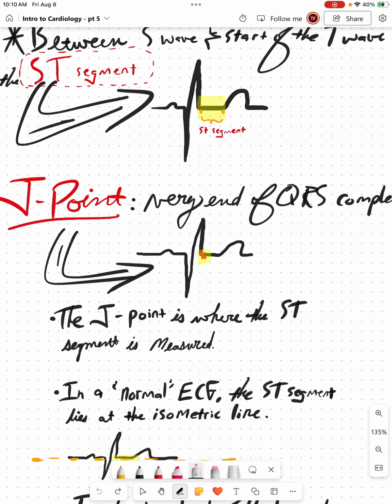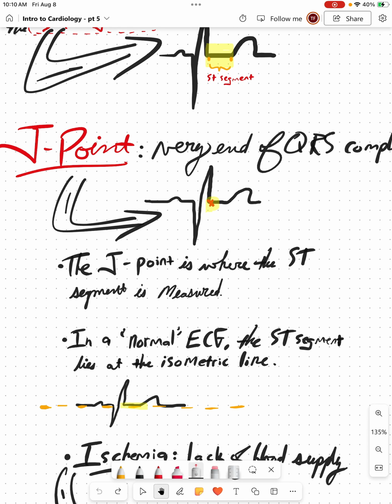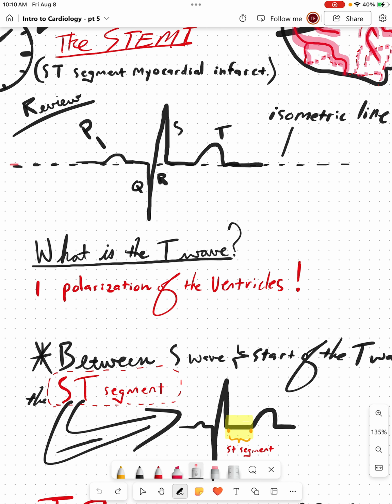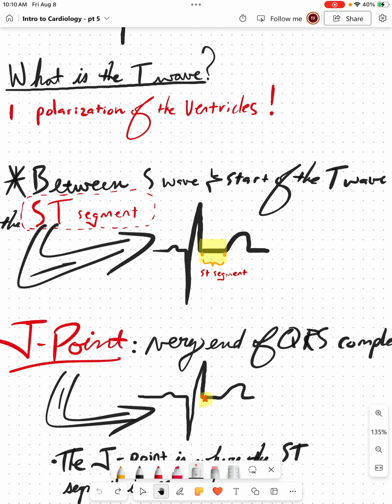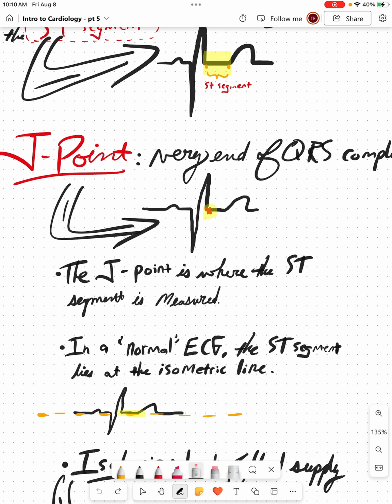In a normal ECG, the ST segment lies at the isometric line. So we're going over again that isometric line here, and the ST segment right here should be right in line with it, and it is. Again, in a normal ECG, the ST segment lies at the isometric line.